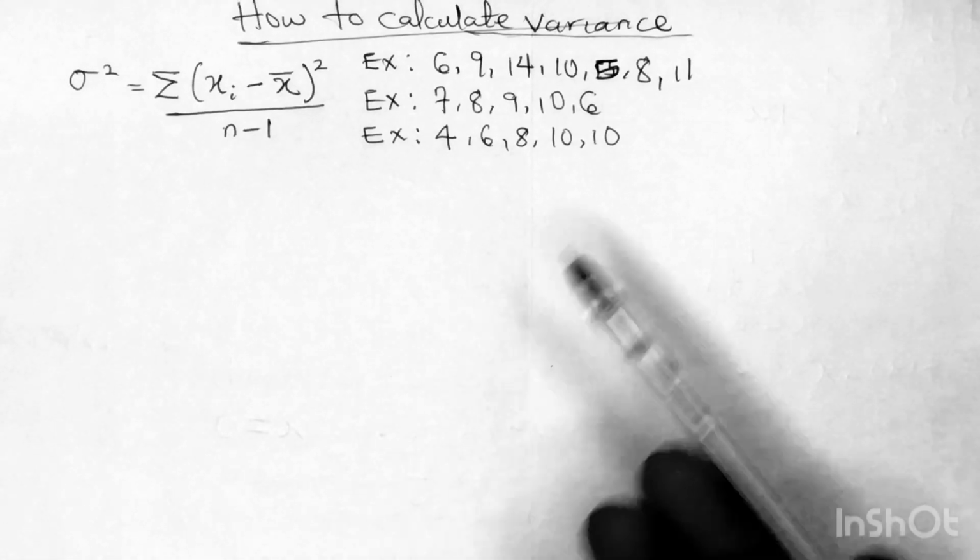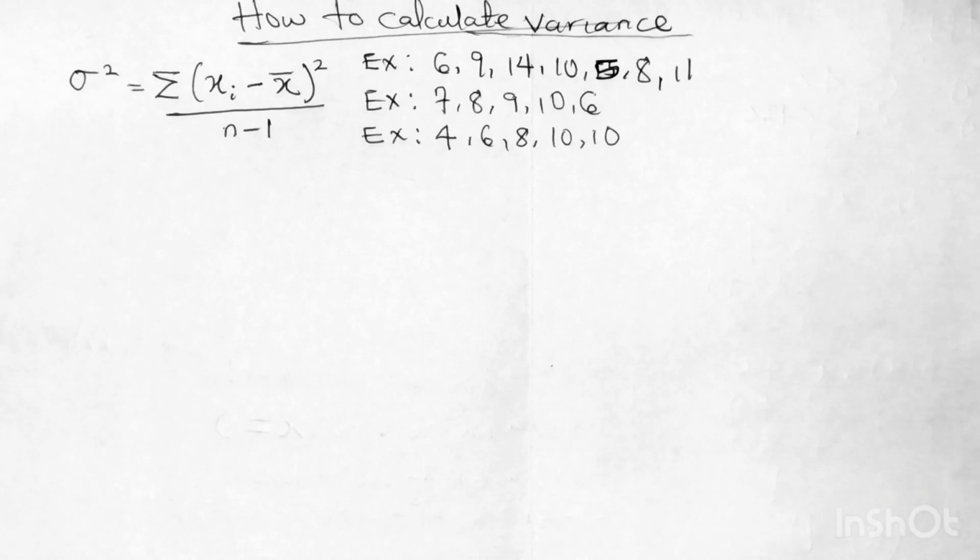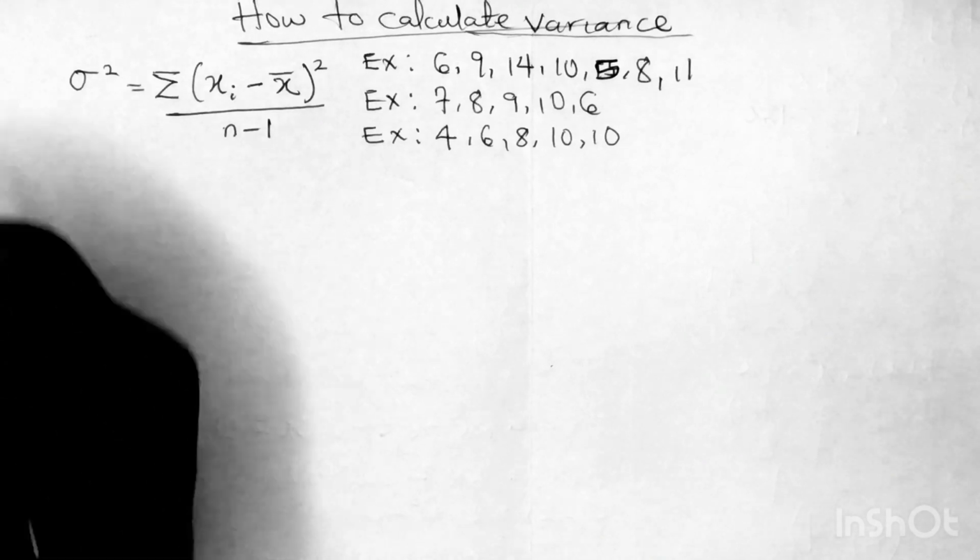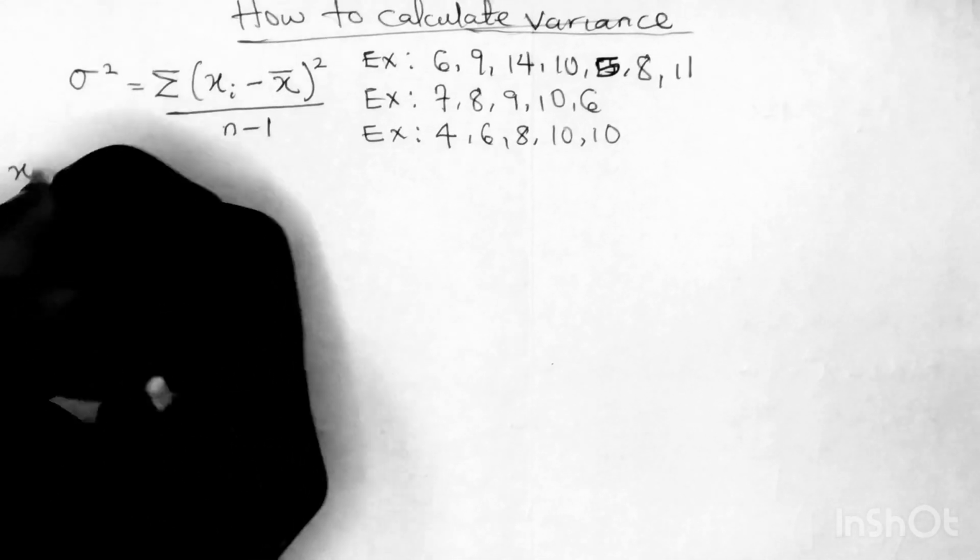All right, so we have three examples here that we're going to be calculating today. So let's do the first example. The first thing you have to have is your data, and let's represent that with x.